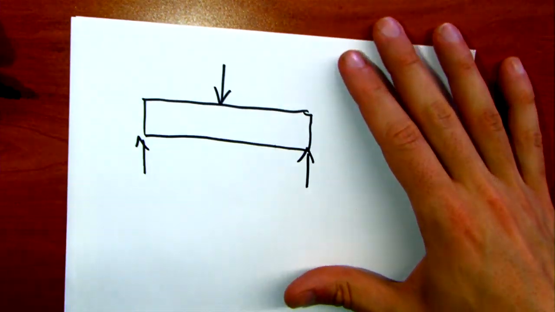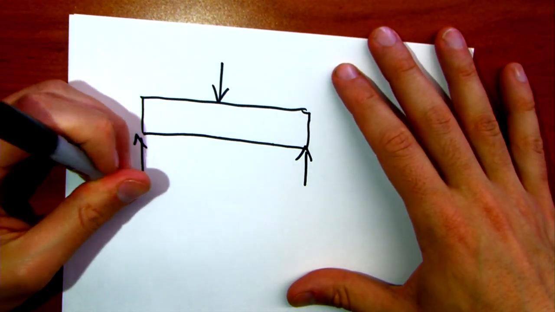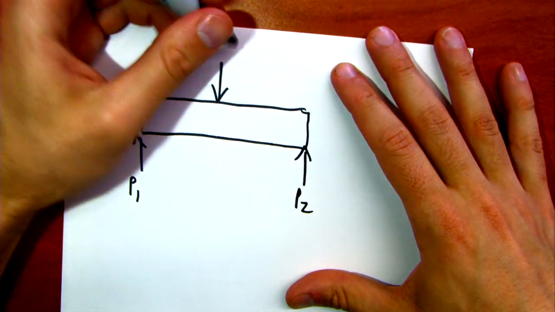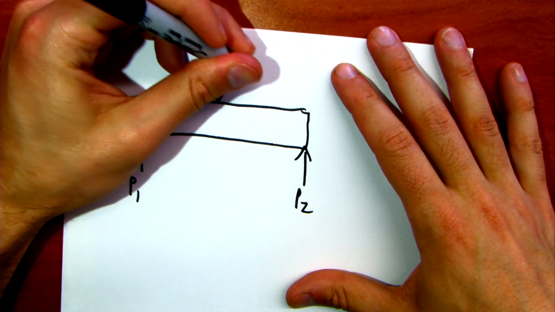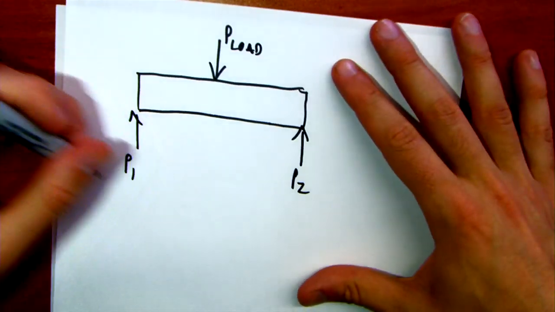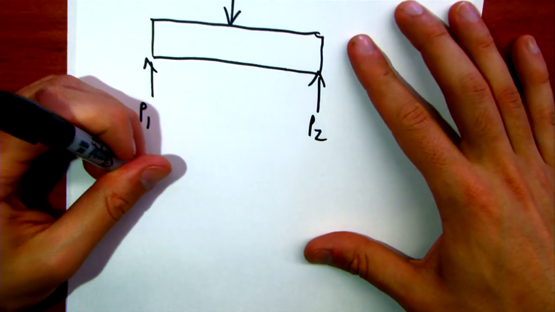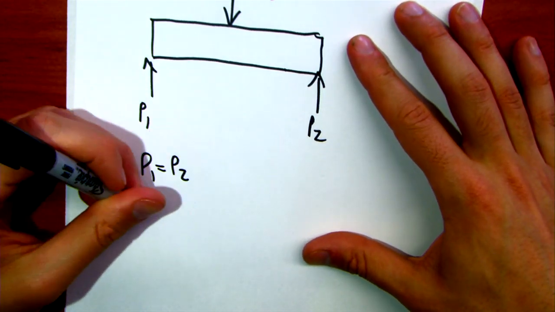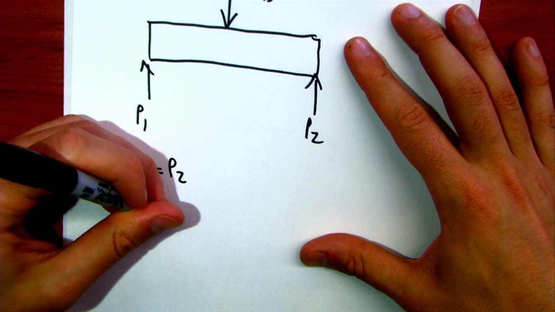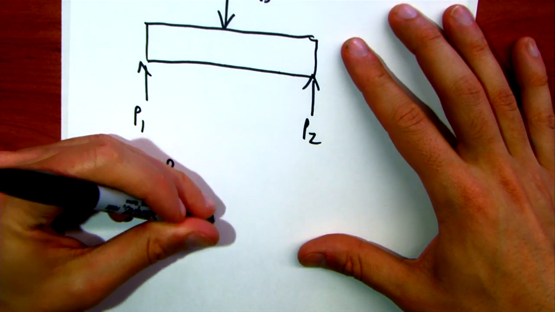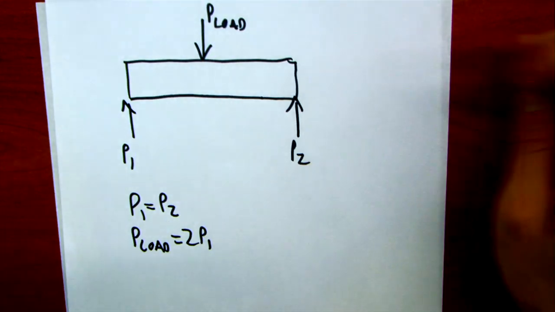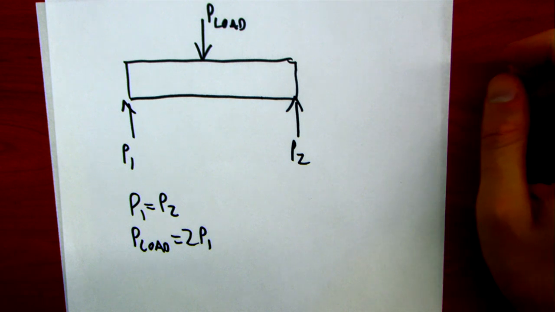So say P1, P2, P load, and you know that P1 equals P2 and P load equals twice any one of the supports. And that's just our statics talking.